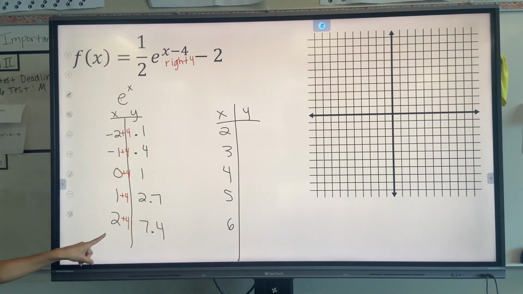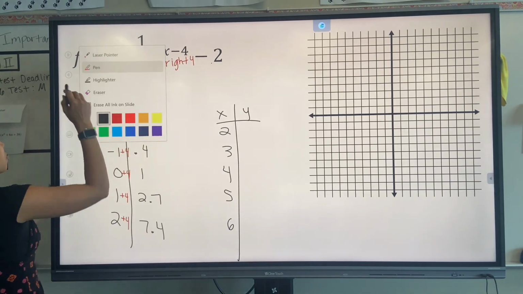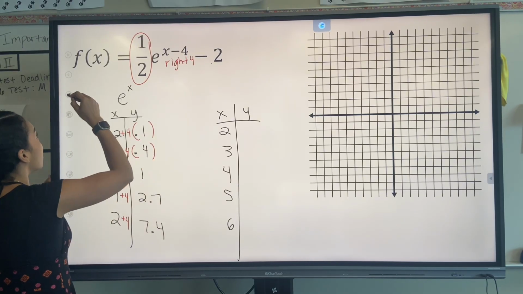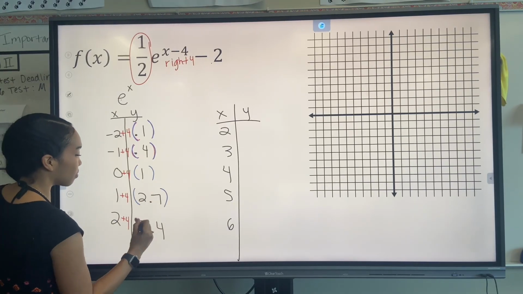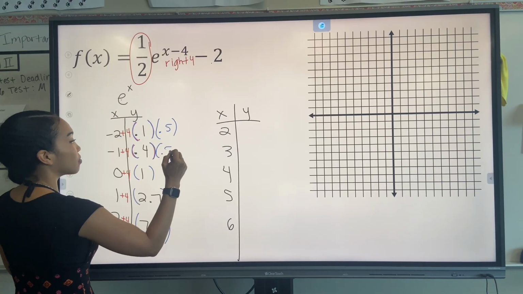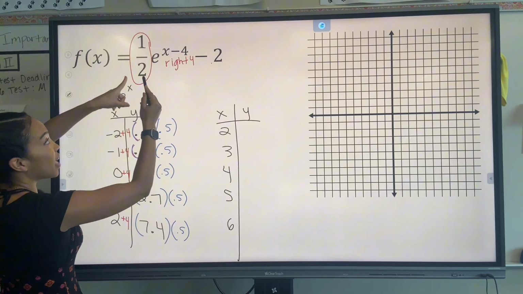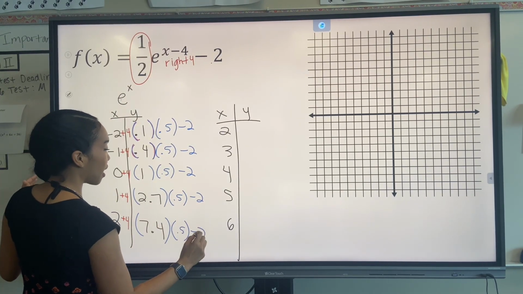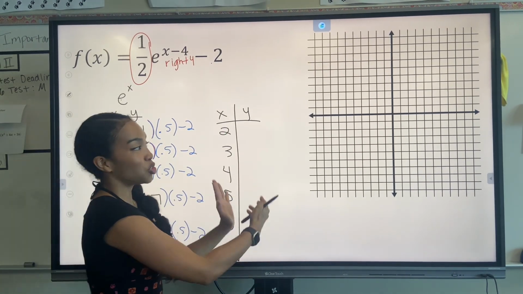Those are my new x values. Everything else affects the y values. So this vertical compress, I'm going to multiply all of these y values by 1/2. I'm going to multiply it by 0.5. Then you're going to subtract 2. So type this into your calculator, and these will be your new y values. Then you'll have your new points that you can put on your graph.